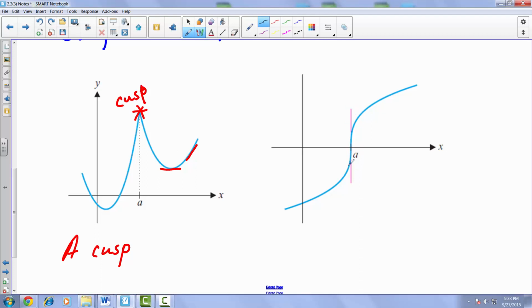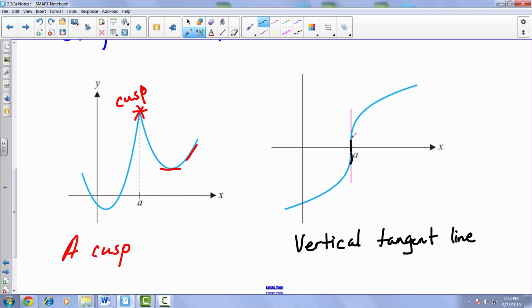This last one, there is in fact a vertical tangent line. And it is defined here, but again, what's going on here is you're trying to figure out what are these tangent slopes. And as you get closer and closer to that A value, your derivative is going to go toward infinity.